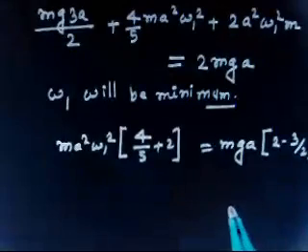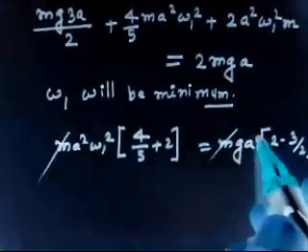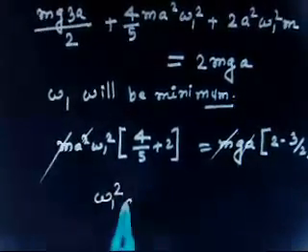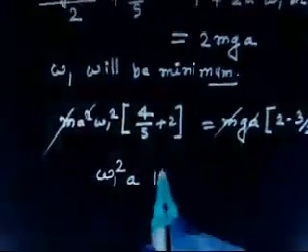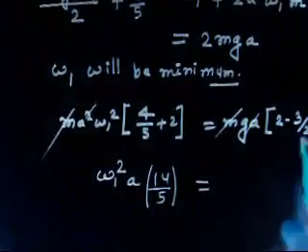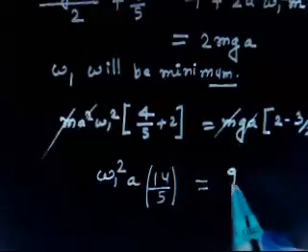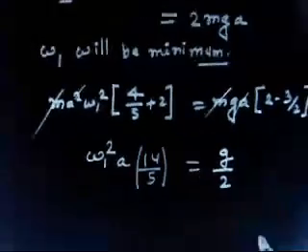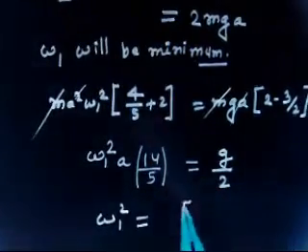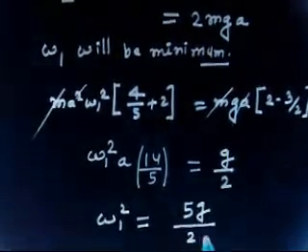So you can cancel m and m, a also you can cancel. So you will have omega 1 square a into 14 by 5 is equal to 4 minus 1 by 2, so g by 2. Are you getting? So you will have omega 1 whole square is equal to 5g by 28a.